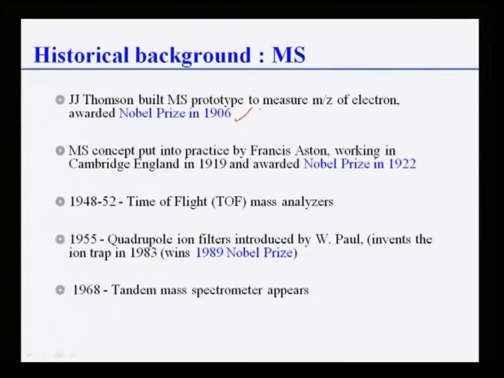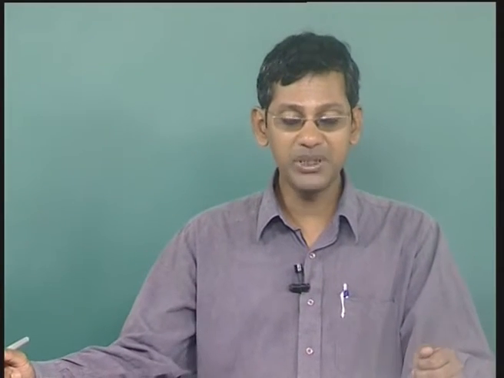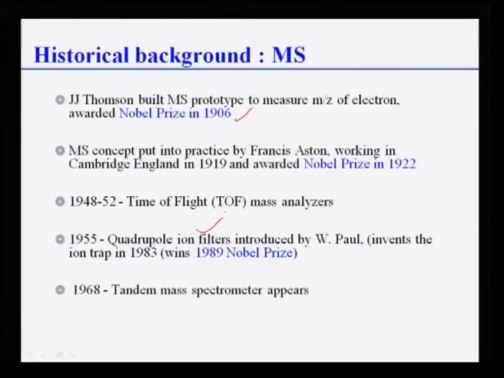It was followed by a major discovery again by W. Paul, which led to quadrupole ion filters. These quadrupole ion filters allowed us to measure species of different m by z values, and because of this very famous discovery in 1955, W. Paul was awarded the Nobel Prize in 1989.